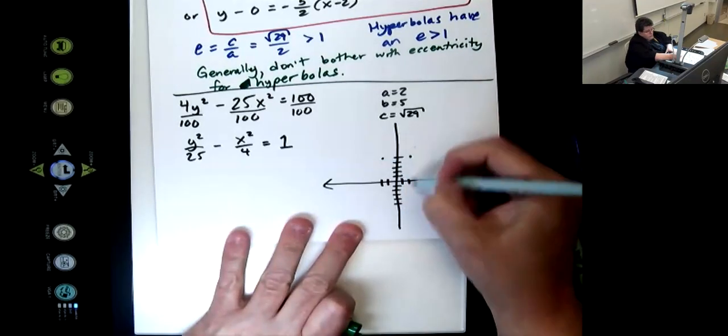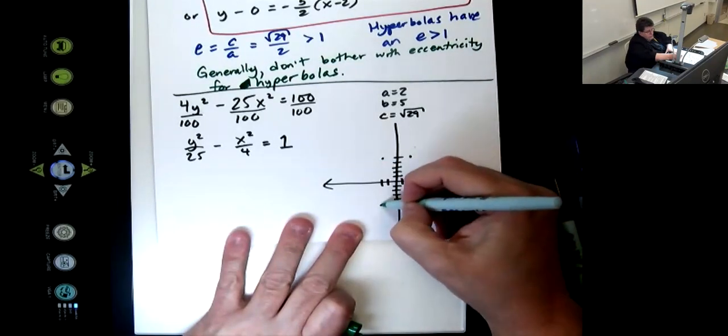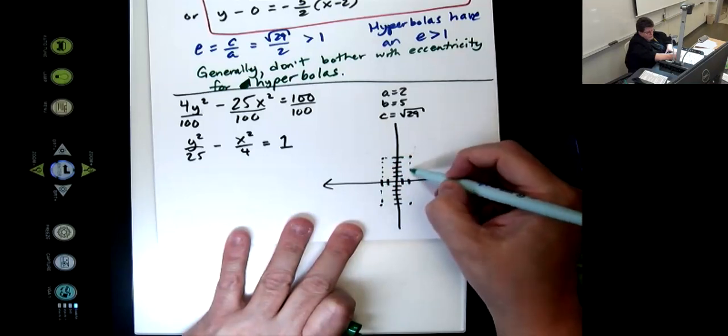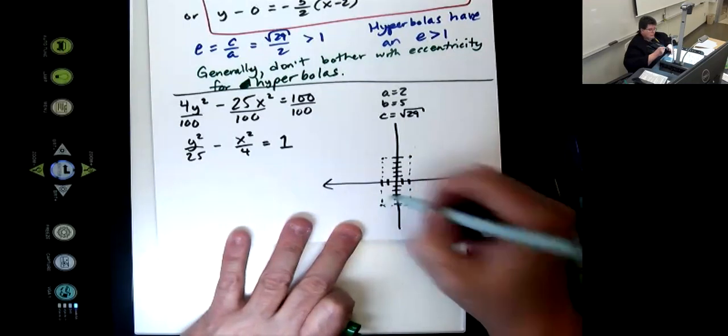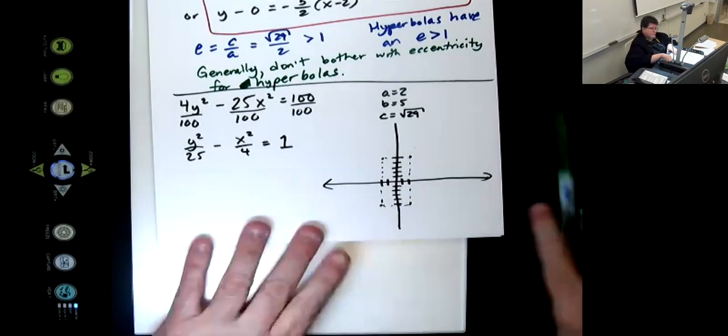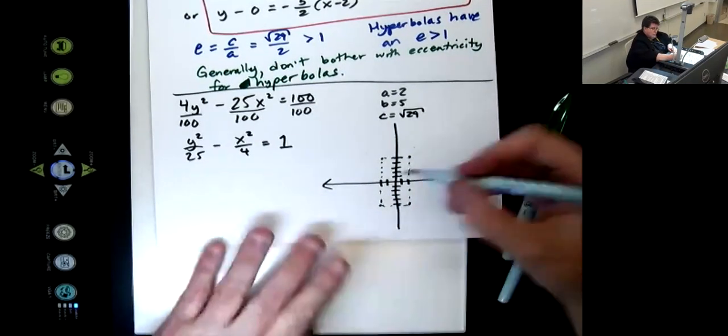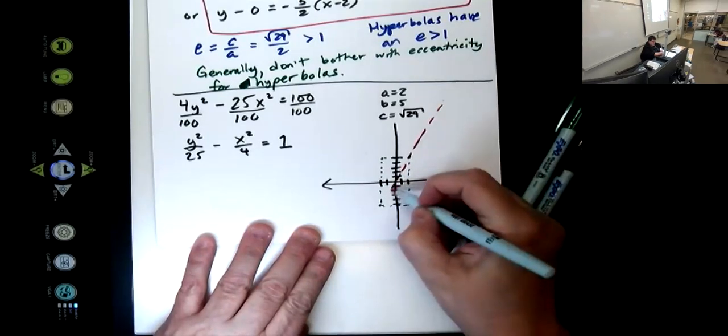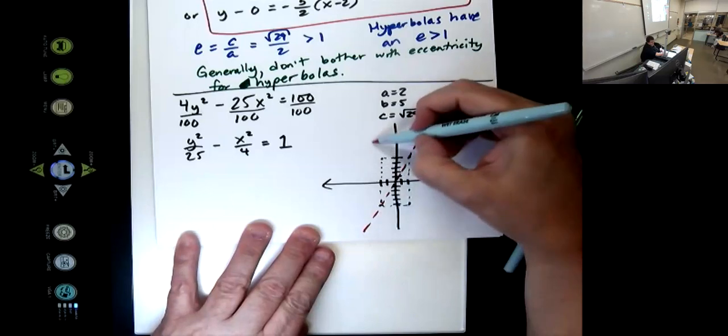And we're still going to do our asymptotes. And even our asymptote equations are the same.